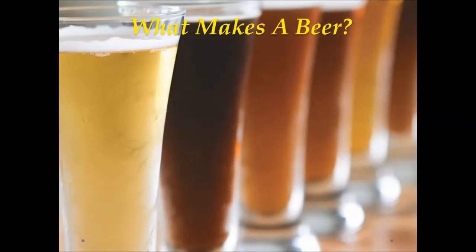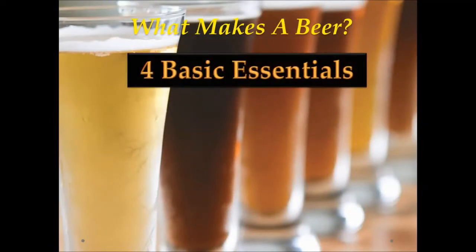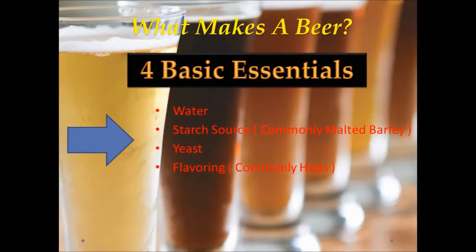When you're dealing with the making of beer, and what it actually takes to make a beer, there are 4 basic essentials that all beers will usually have. You deal with the water, obviously, which is a big factor. You also have to have a starch source.